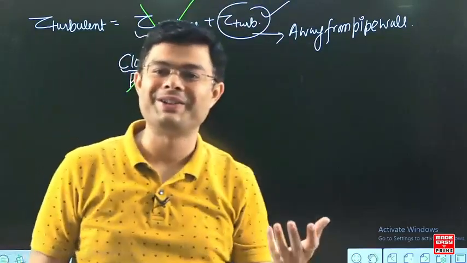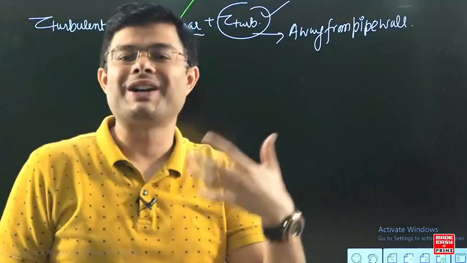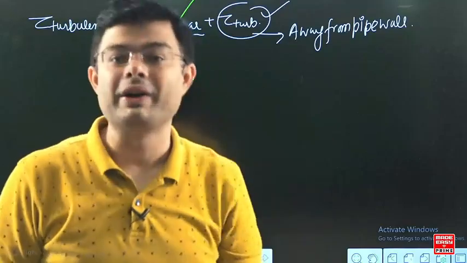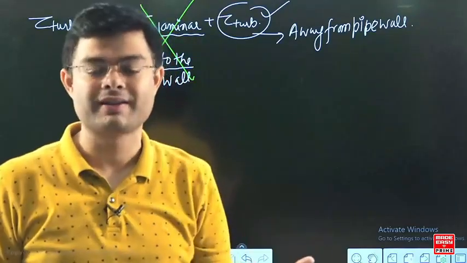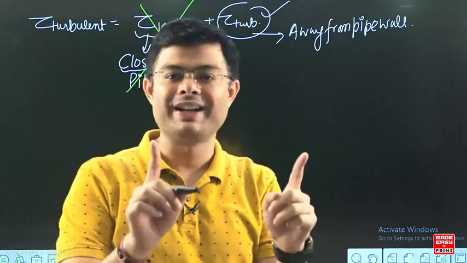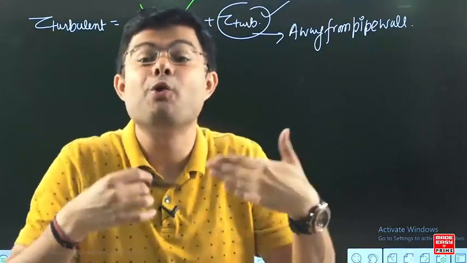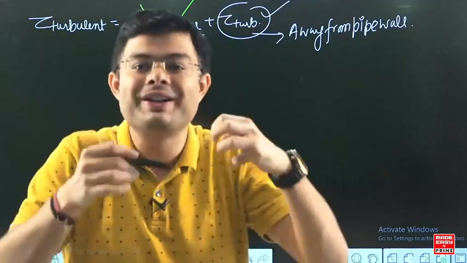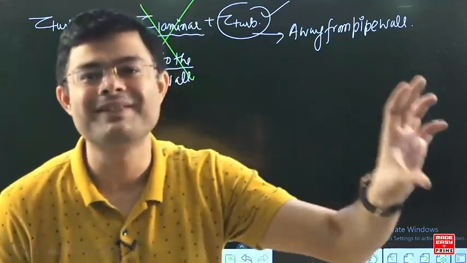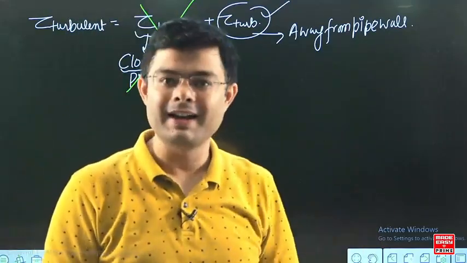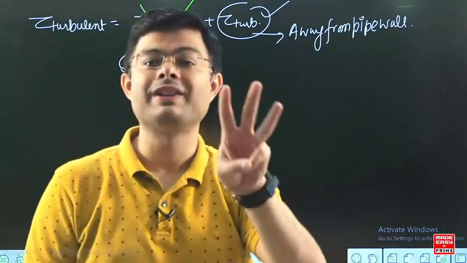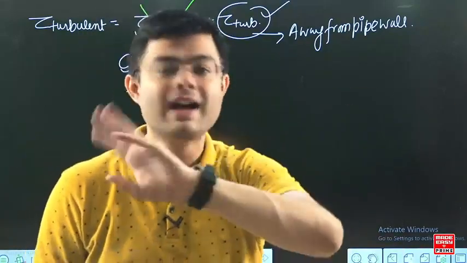And as I already told you, how to find out tau turbulent? Through experiments. There is no other choice. So now listen carefully. Many scientists will come and they will give their own theory that according to their experiment, this is the value of tau turbulent. So now on the board I will give you the formulas of 3 scientists.